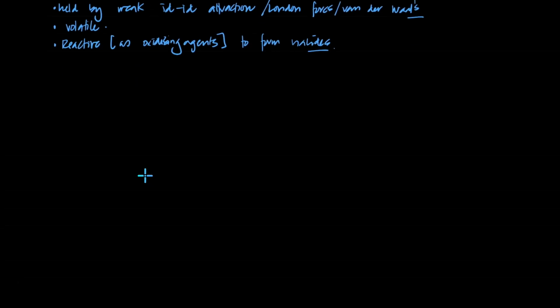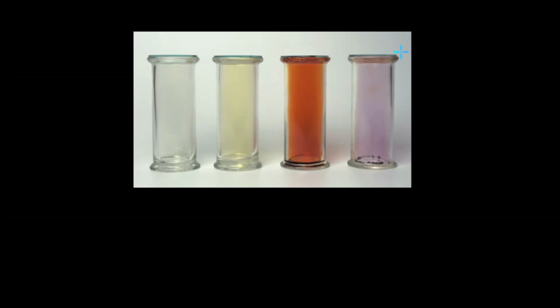Then I'll talk about their colors, the elements and their colors. Here we have the gaseous version of the four halogens in these jars. The leftmost is fluorine, the middle one is chlorine, this one is bromine, and the last one is iodine. These are all their vapor forms.